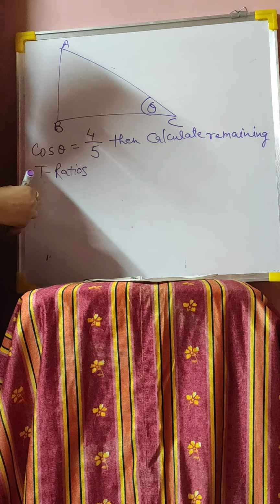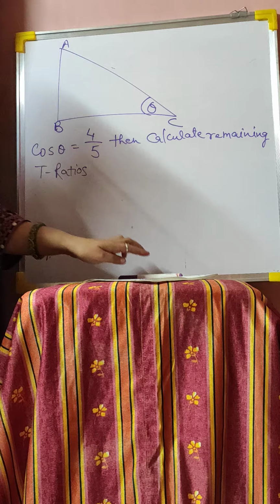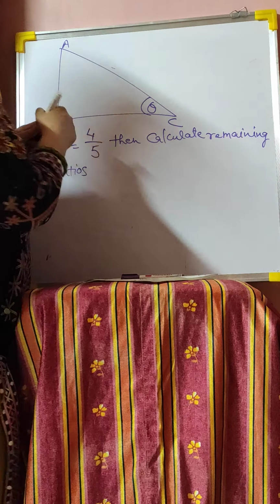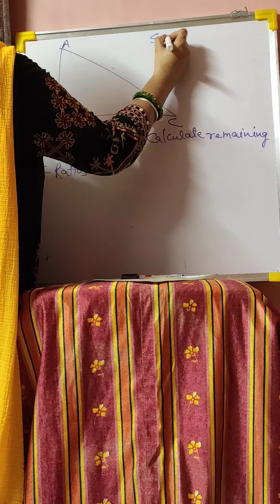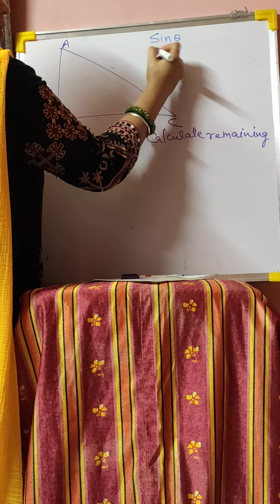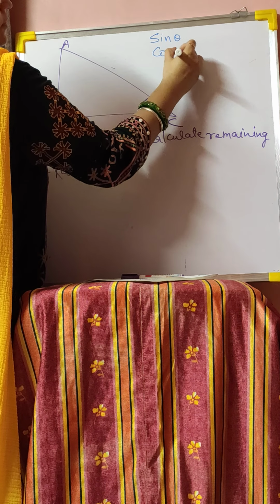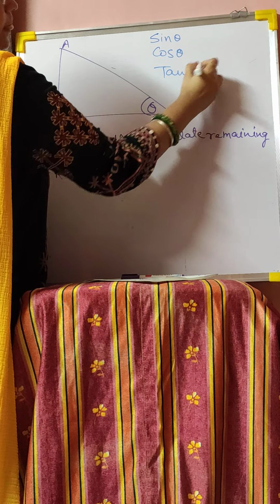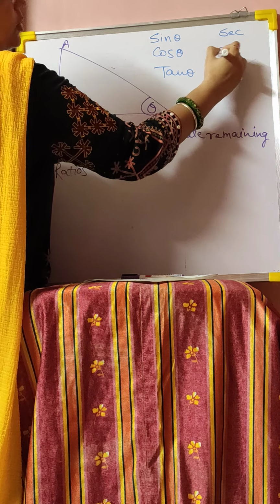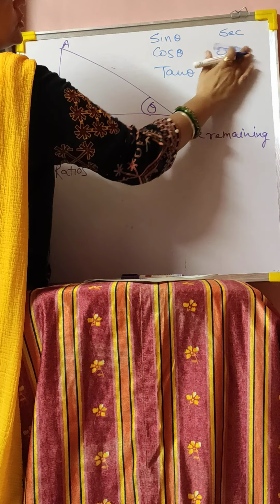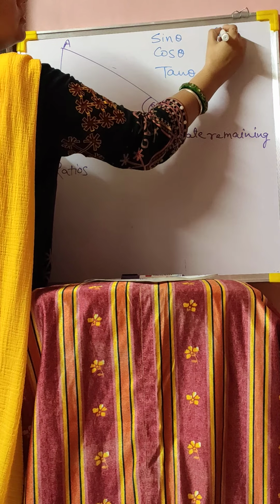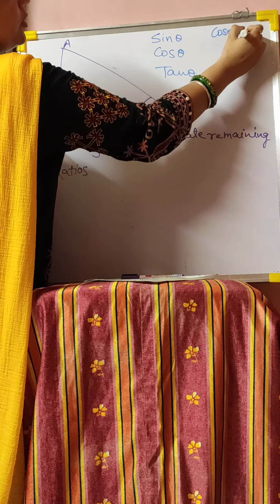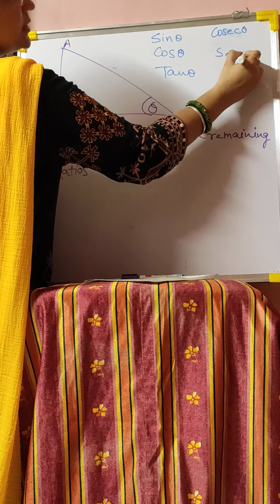Remaining T ratios means, if cos is given, then we have to calculate sin theta, tan, then sec, cosec, cot.